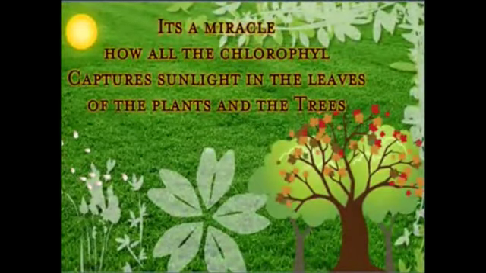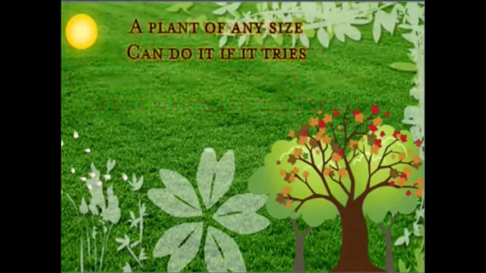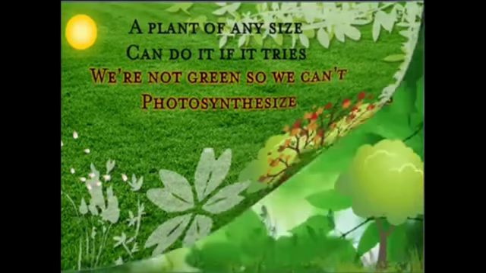It's a miracle how all the chlorophyll captures sunlight in the leaves of the plants and the trees. A plant of any size can do it if it tries, but we're not green so we can't photosynthesize.